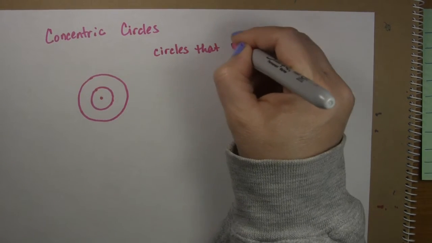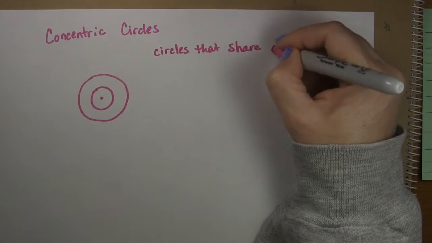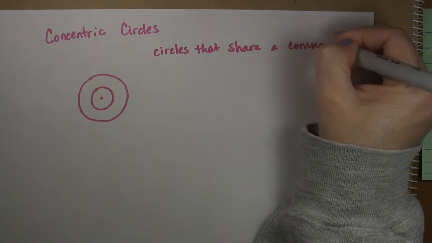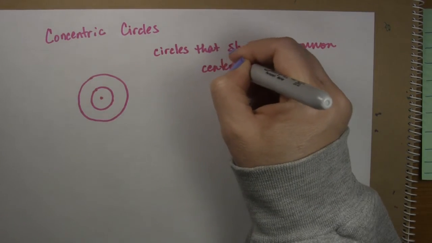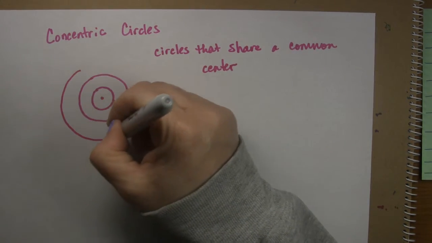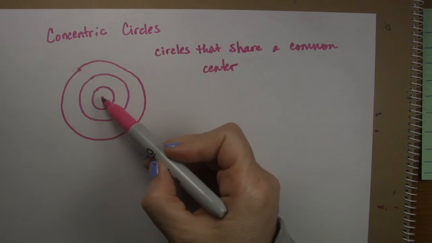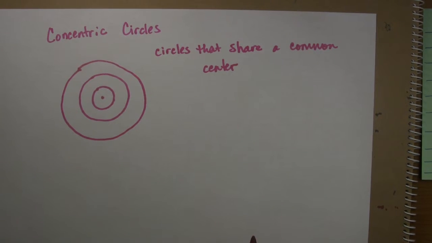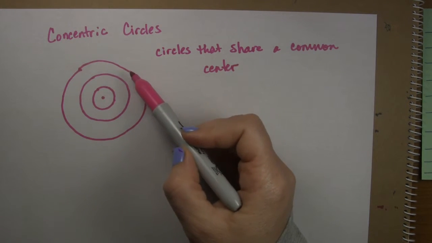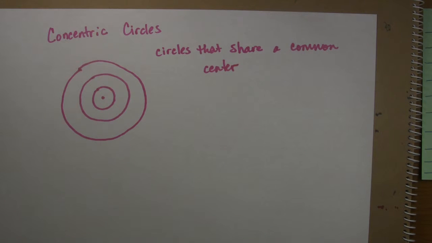So think of target practice, right? All these are circles and all of them share the center. I know my target's a little wobbly there, but you know what I mean.